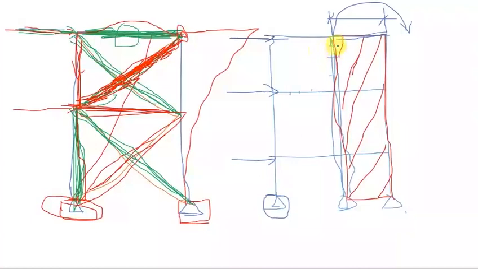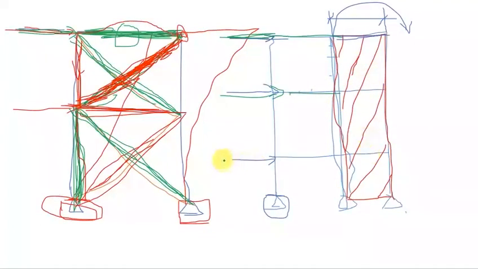If you come to maybe concrete structures, if you apply this load here, obviously this load will travel through here, and then it will be taken by this deep shear wall. If you put this load here, it will travel through this member, but then it will be taken by this deep shear wall.